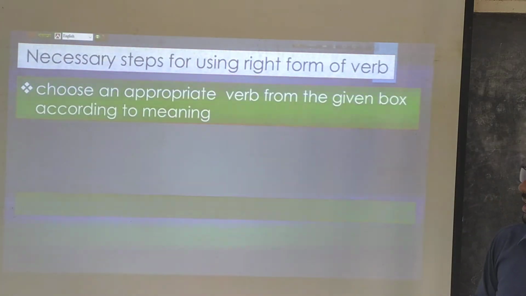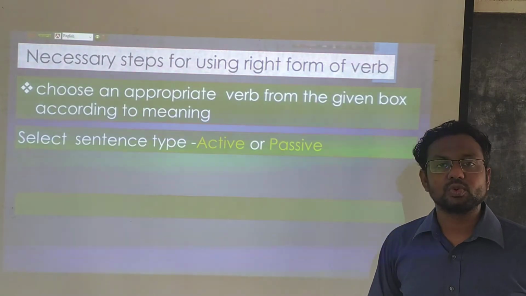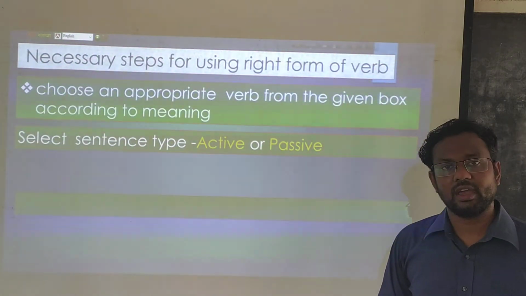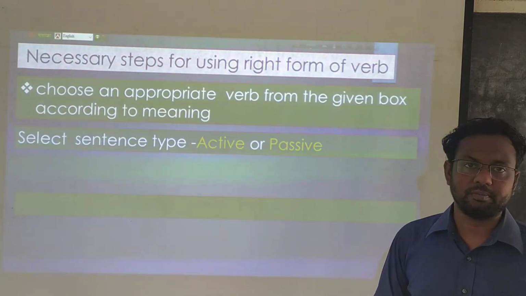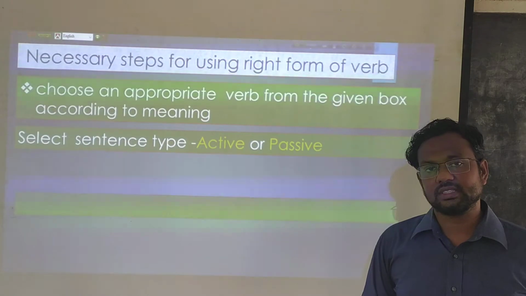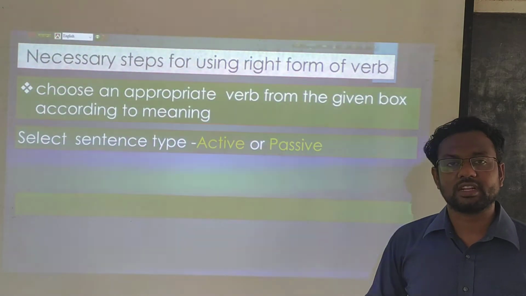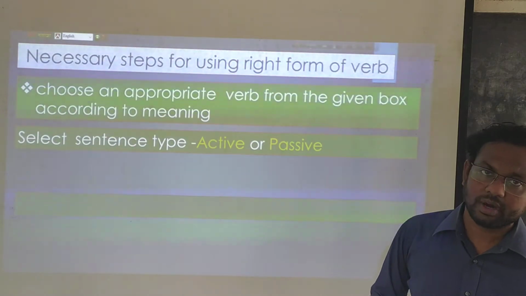Dear students, here is the second step: select the sentence type. That means you have to know which type of sentence you have for using the right form of the verb. If the sentence is active, you have to use the active form of the verb.